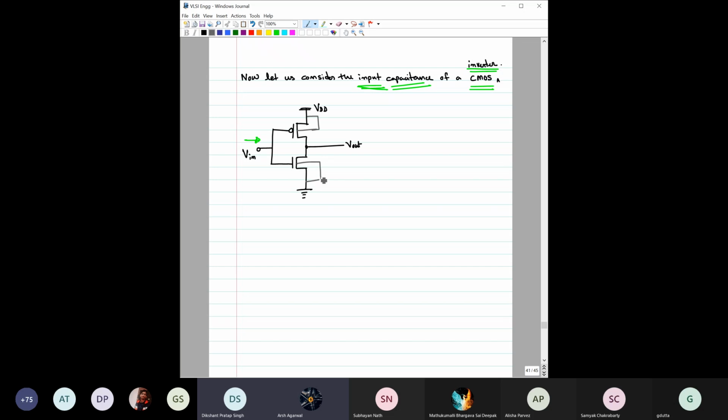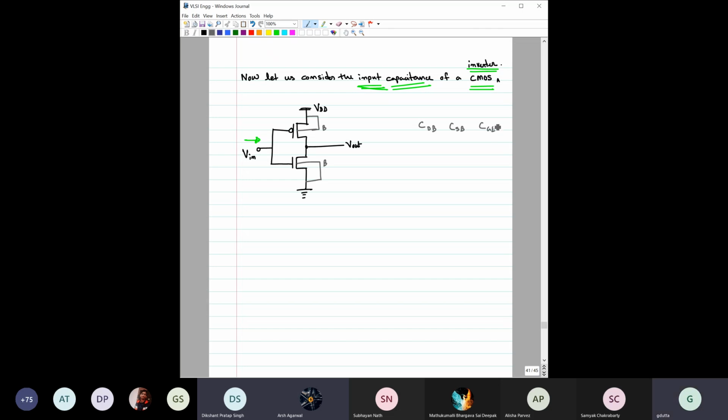If we consider both transistors to be identical in construction, it would be CGB plus CDB plus CSB. Please tell me: drain body plus source body plus gate body.